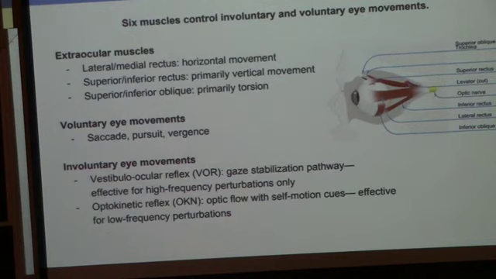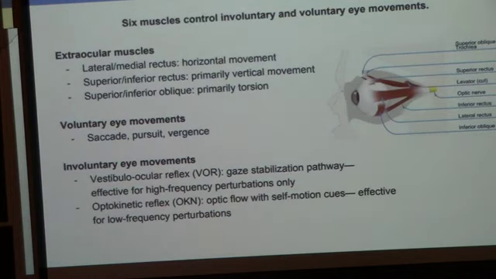Dr. Cullen's material focuses more on involuntary eye movements. Within that, you have the vestibulo-ocular reflex, or the VOR. The vestibular system is one of the senses; it detects proprioception, where you are in space, like 3D motion.